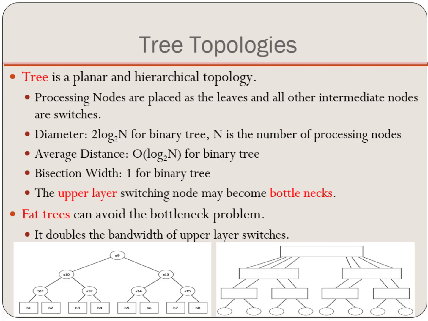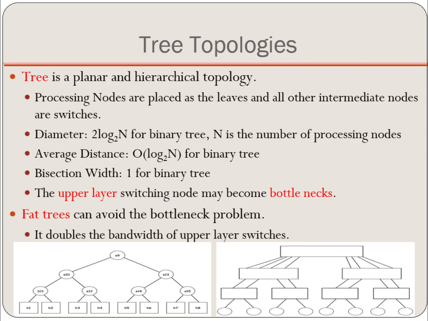So any two computing nodes that try to communicate with each other will send the message up to the same common ancestor, then down. For example, if H1 wants to communicate with H4, then the message will go up to the same ancestor, and then go down to H4.